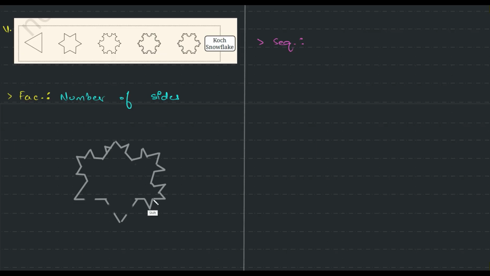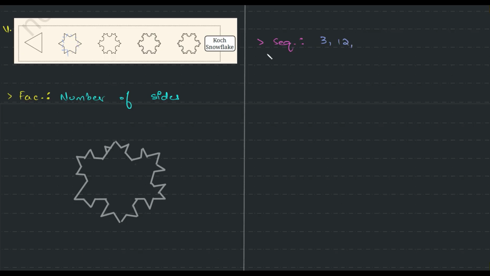So every time, by what factor are we increasing the number of sides? It would be so throughout actually. The sequence will be the following. First one has 3 sides. Quite simple. Second one has 1, 2, 3, 4, 5, 6, 7, 8, 9, 10, 11, 12.